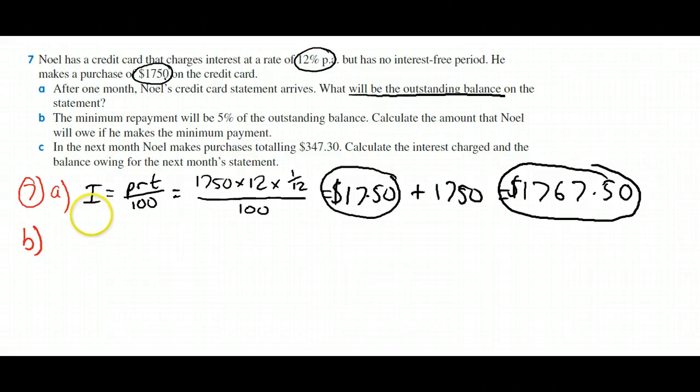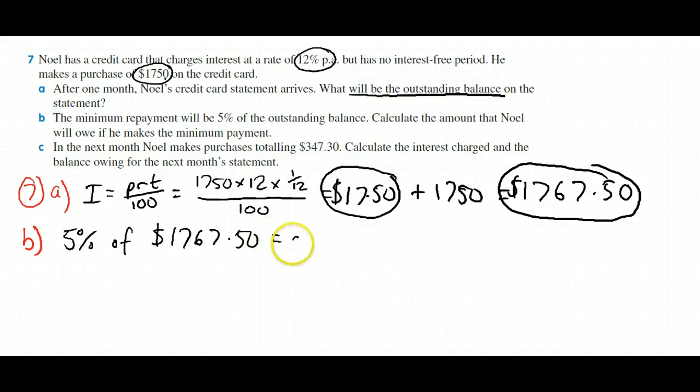To work that out, we need to take 5% of the outstanding balance, which we just worked out was 1767.5. We need to do 5% of that, and 5% we need to convert into a decimal by dividing it by 100. We get 0.05, and then we need to multiply that by 1767.50.